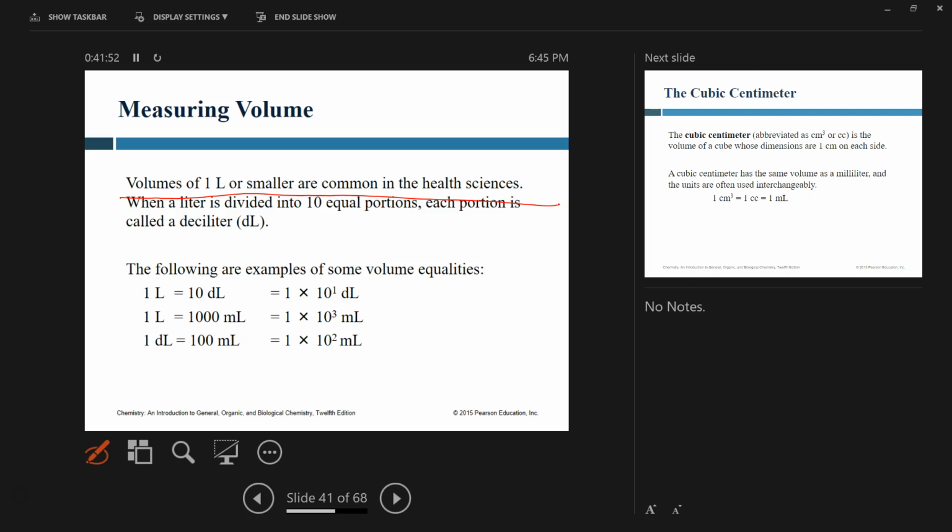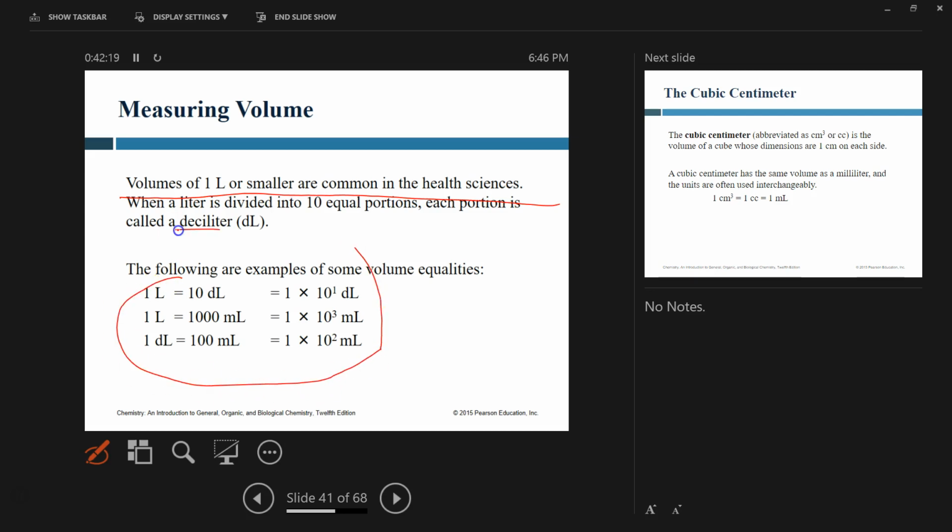A cubic meter contains 1,000 liters. That's a lot. The volume of human blood, as I told you, for an average adult is about 5.25 liters. So that's a lot of humans you need to bleed to fill up 1 cubic meter. So we use liters mostly.